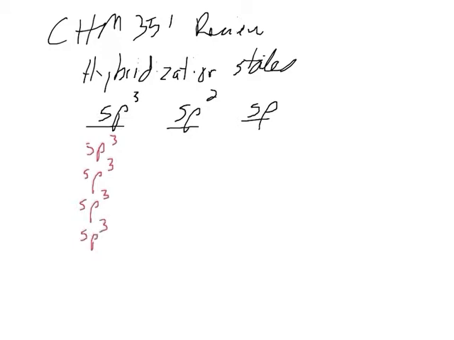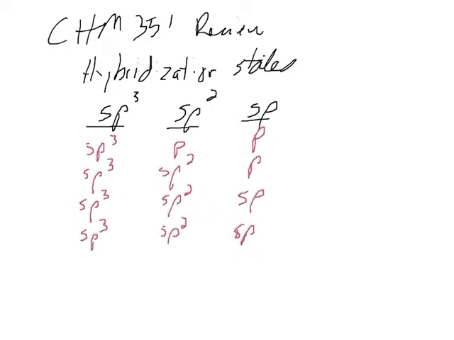For sp2, there's a p orbital now and 3 sp2s. Notice there's always 4 of these. Sp has 2 p orbitals and then 2 sp orbitals.